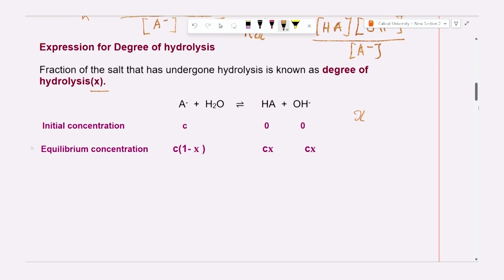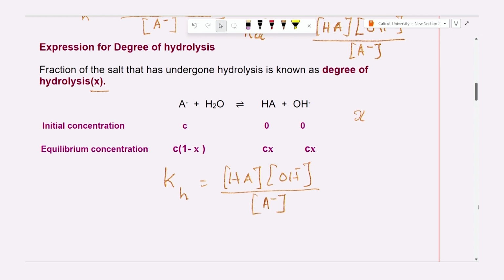Now, we are going to apply that to the equilibrium expression: Kh is equal to concentration of HA into concentration of OH minus, whole divided by concentration of A minus.